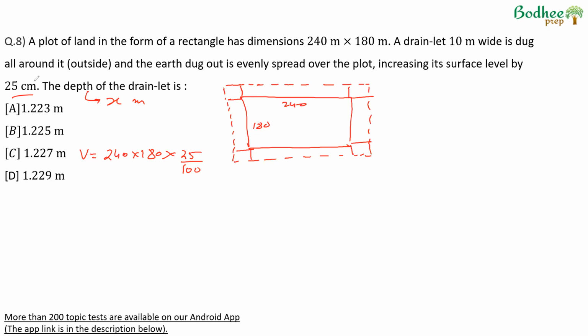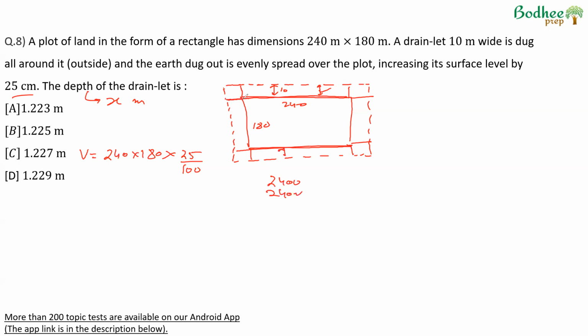This earth was taken out from the drain. The drain has width 10. What will be the volume of the drain? So first let's calculate the area, and we'll multiply by the depth to get the volume. This part here will be 10 into 240, and this will also be 10 into 240, so 2400 plus 2400.